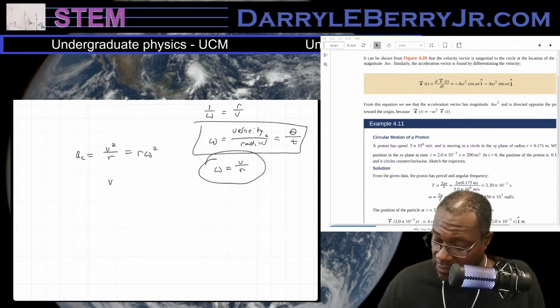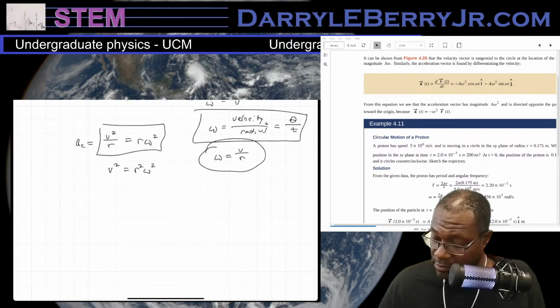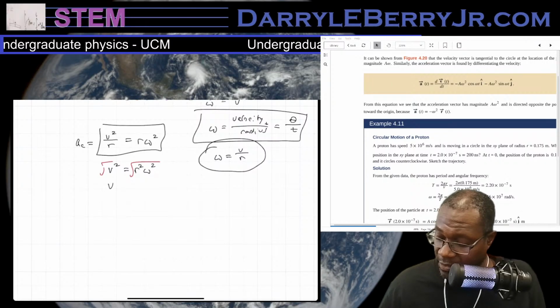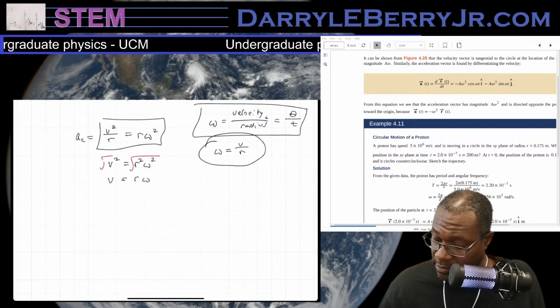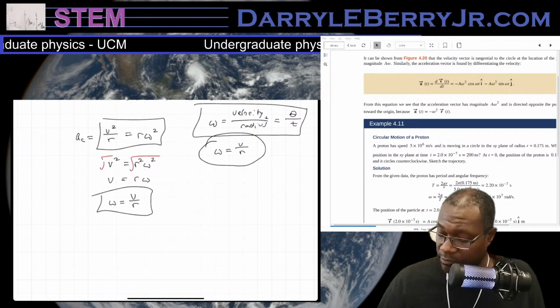So we can say v squared equals r squared omega squared. Taking the square root of both sides, we should have v equals r omega, and thus omega does equal v over r. Isn't that something?